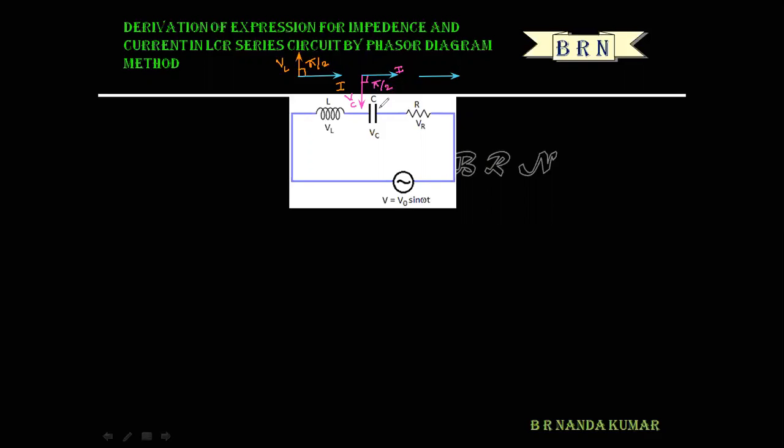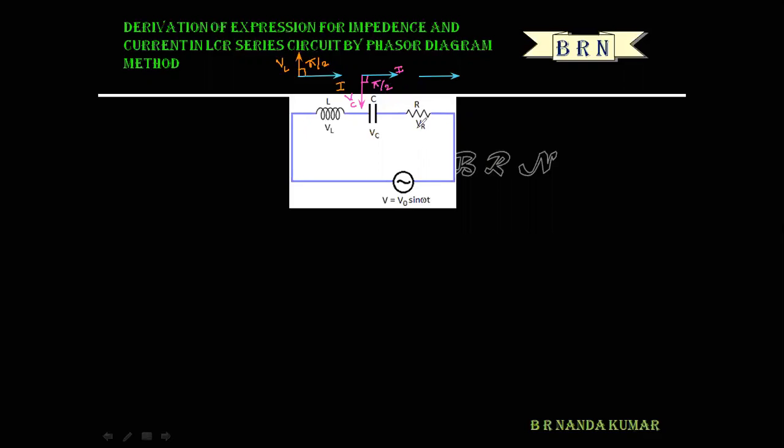So this is in a purely capacitive circuit. In a purely inductive circuit, the current lags behind the voltage, the voltage leads the current. In a purely capacitive circuit, the current leads the voltage, the voltage lags behind the current by pi by 2 radian.